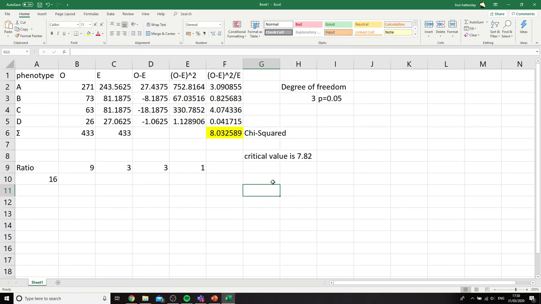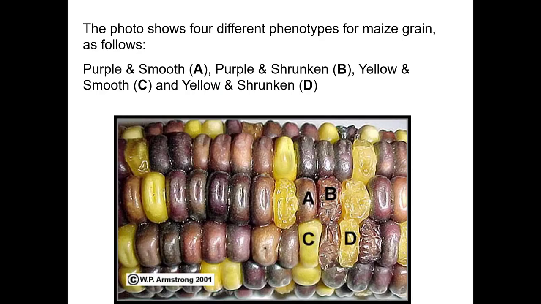Random error because of how I may have, or in your team you might have, discussed what category that particular maize grain may fit into. For instance, is it wrinkly?